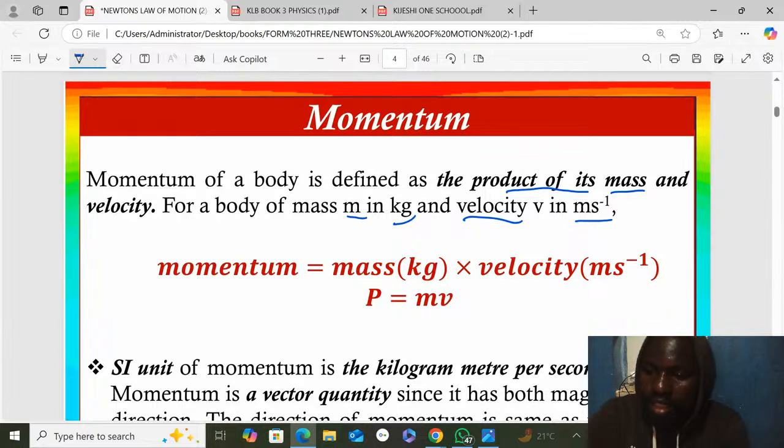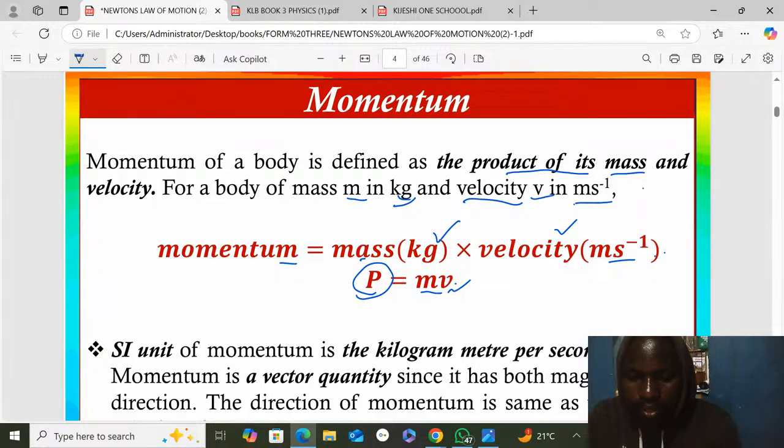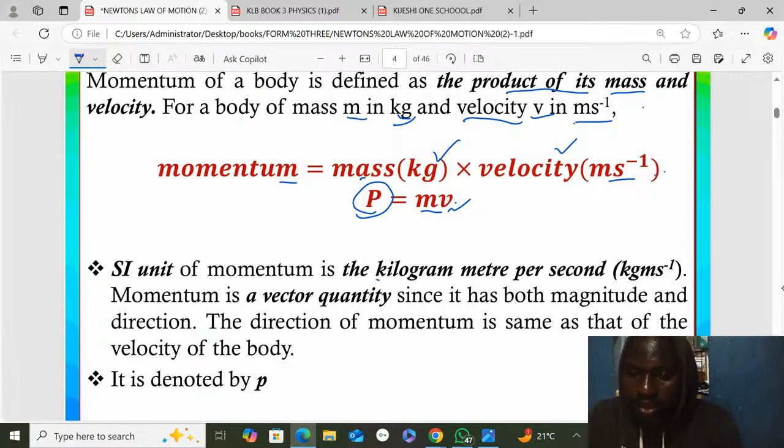Therefore, we expect to write the units as kilogram meters per second. Momentum is denoted by capital P, and it is given by mass times velocity. The SI unit of momentum, you are supposed to write in words if you are asked to state.